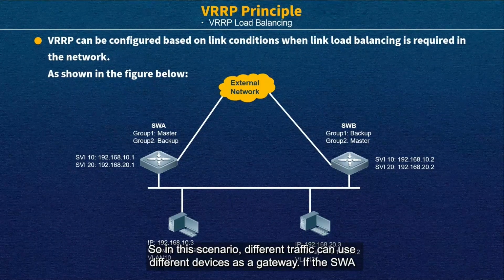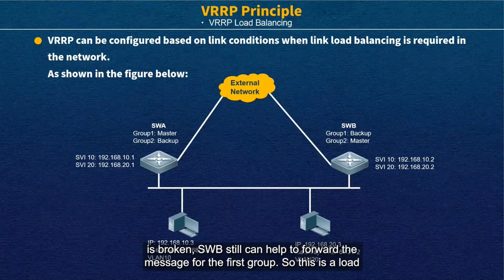So in this scenario, different traffic can use different devices as a gateway. If switch A is broken, switch B still can help to forward the messages for the first group. So this is load balance.